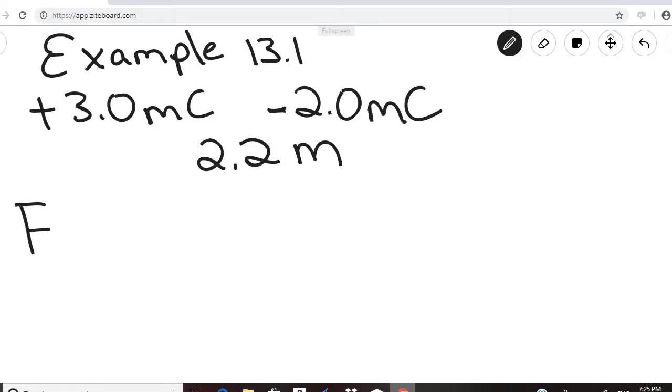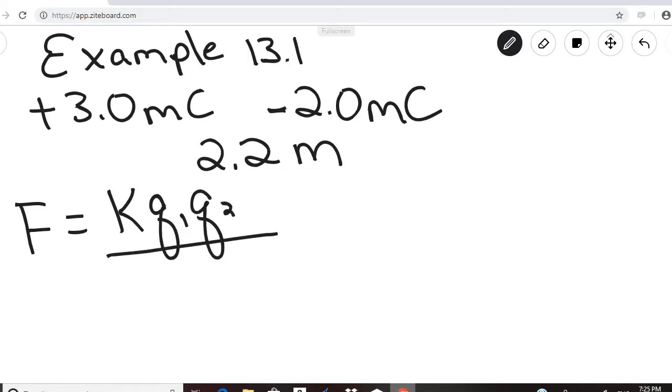We just use the signs to indicate direction once we get our answer. So what is the force between these two charges? It's K Q1 Q2 divided by R squared.